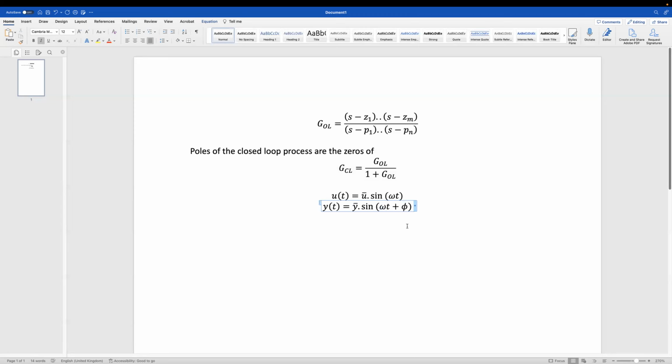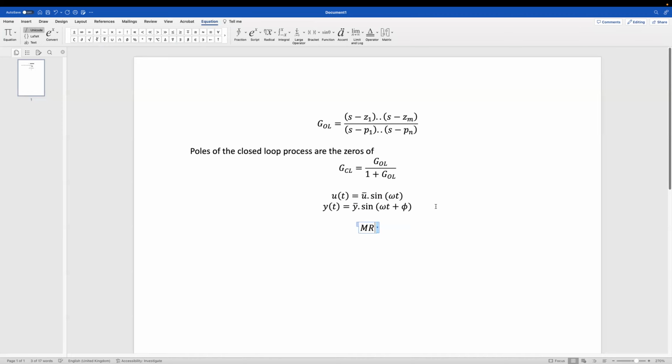So we might find a constant offset between the peaks in u and the peaks in y. So we'll just call that phi. So phi is that offset difference in time for the two peaks to lie across each other. So we can define two parameters now. We can define the magnitude ratio.